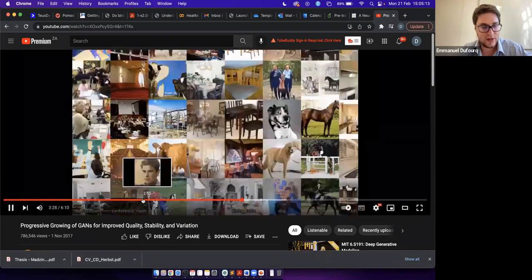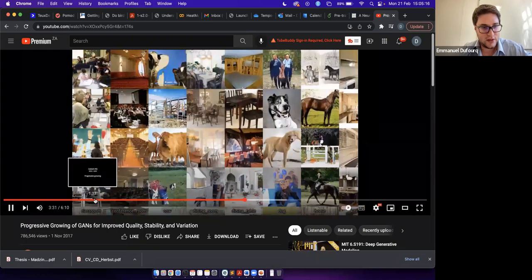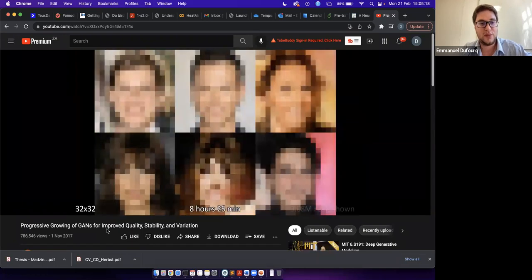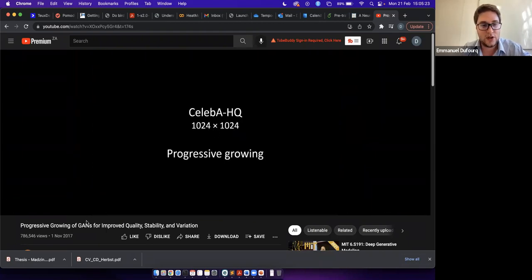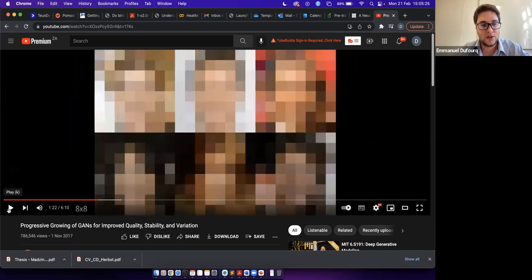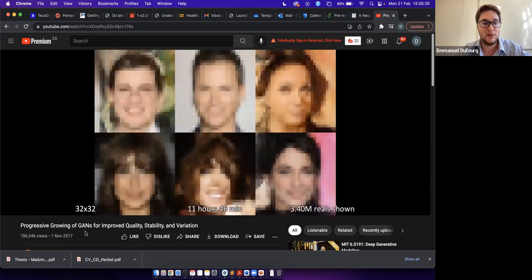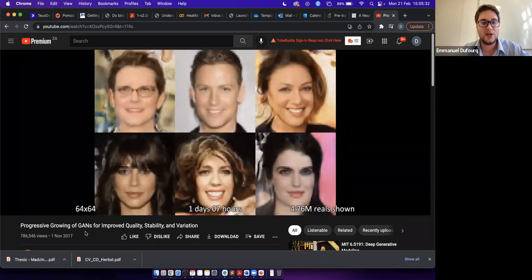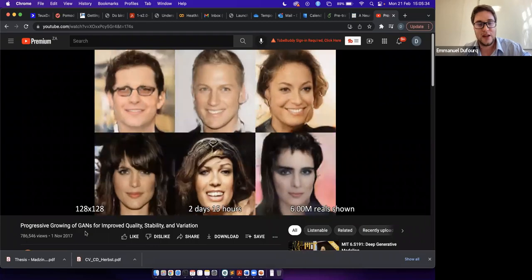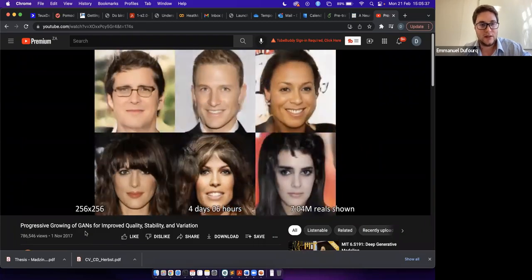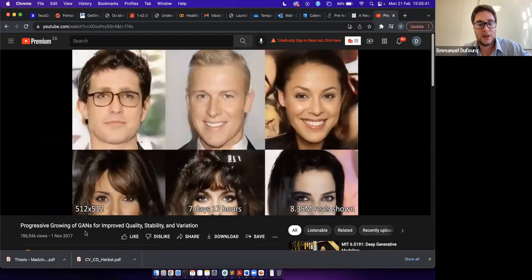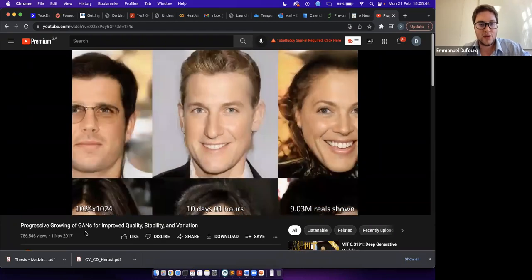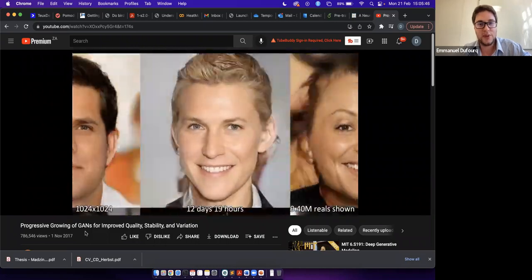Let's see, right. So here are fake pictures of people. Initially here it's tasked with producing 8x8 images, and we're increasing the resolution and asking it to generate images. As we increase the resolution, the images look quite realistic. None of these are real people.